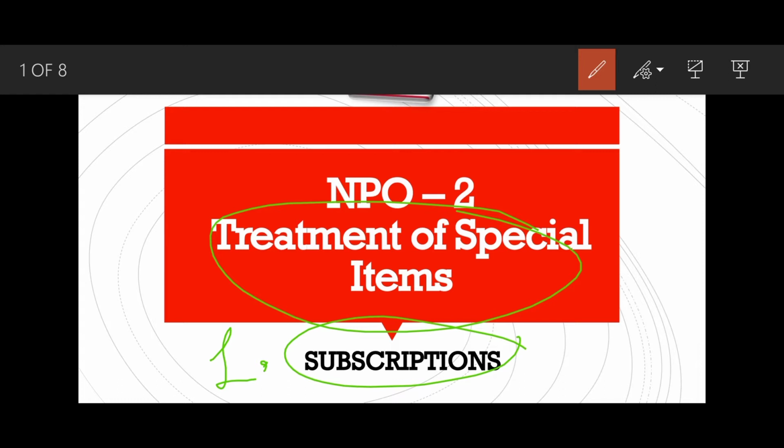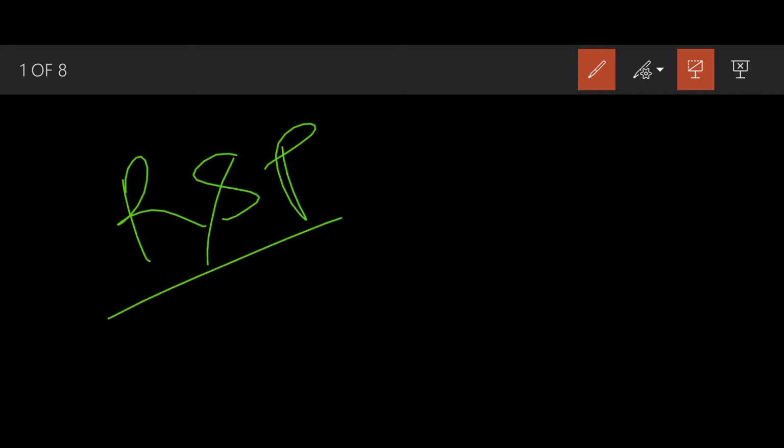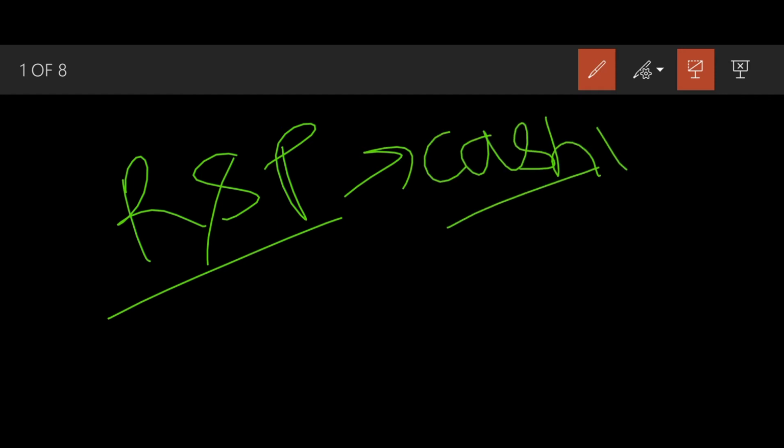In income and expenditure account we have seen an item named subscription. So how do we get such an amount which is to be recorded into income and expenditure account? In receipt and payment account, we work upon cash basis.